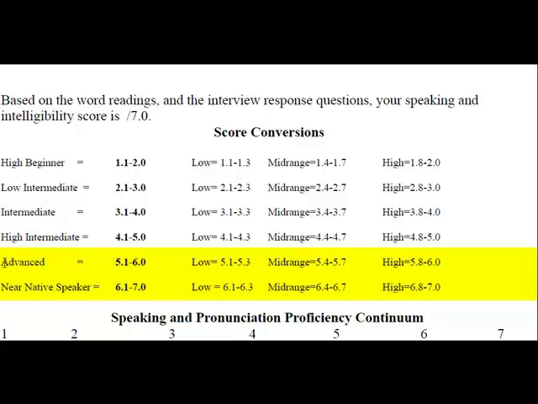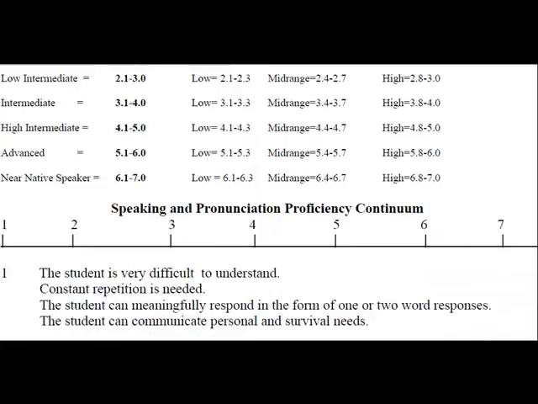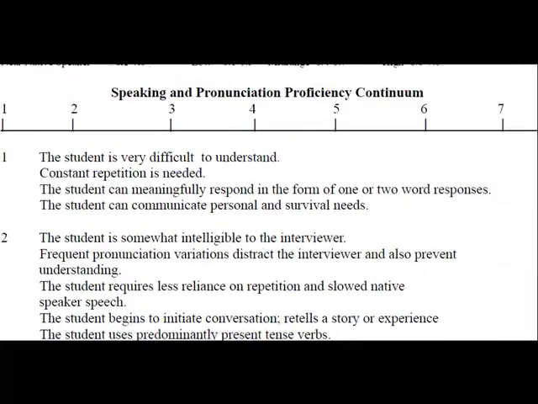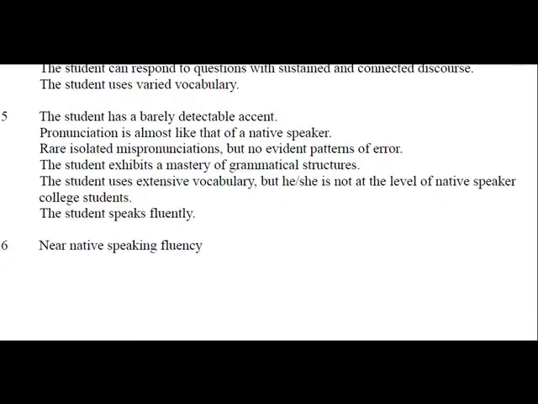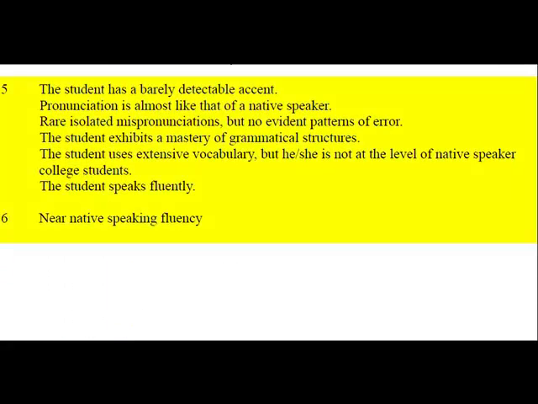This means advanced speaking and pronunciation skills, or 6 or higher means near native speaker. That's kind of what you're looking for there. And I have an explanation of what each of these numbers mean. So again, you're shooting for 5 or 6.